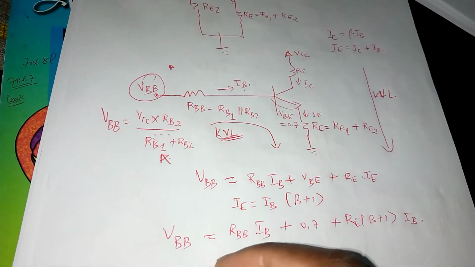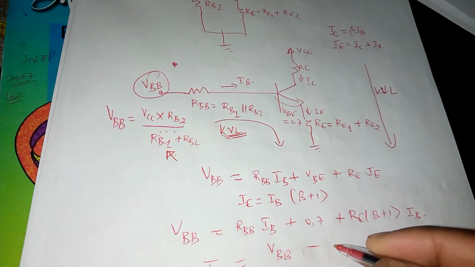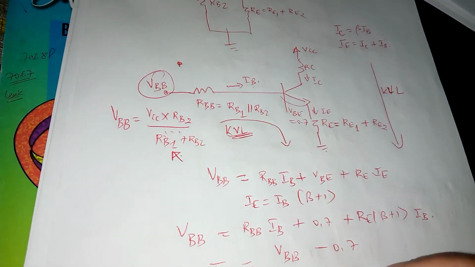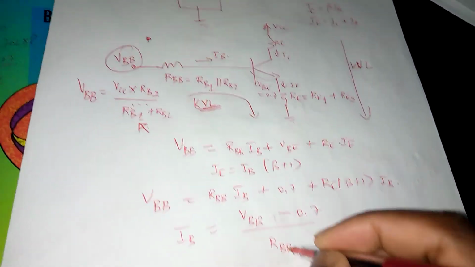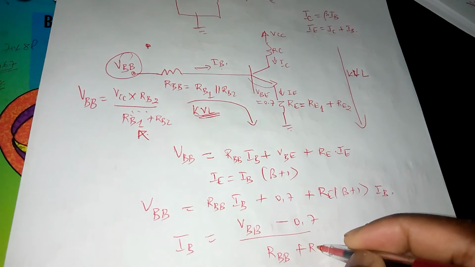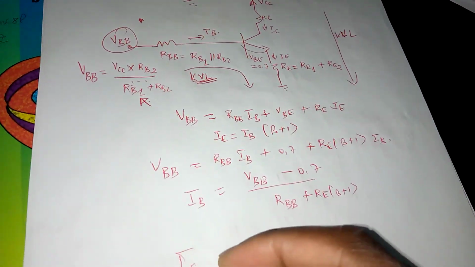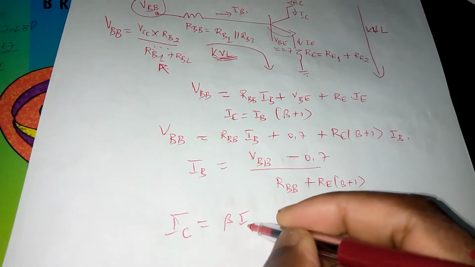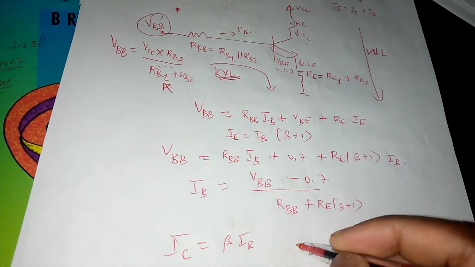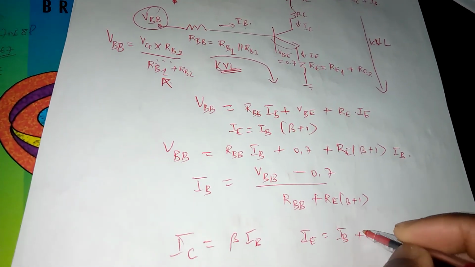We can work out IB quite easily as VBB minus VBE, which is 0.7, divided by RBB plus RE times beta plus 1. As I said, from there we can work out IC, which is nothing but IB times beta, and you can also work out IE, which is IB plus IC.